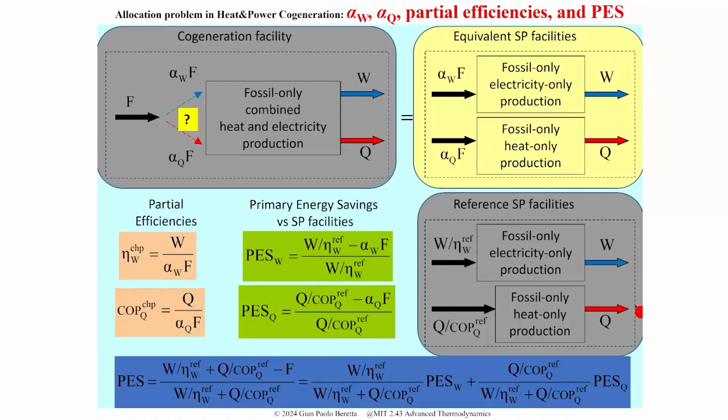So there is savings, and the problem of these alphas is how you allocate those savings to the two products, heat and work.